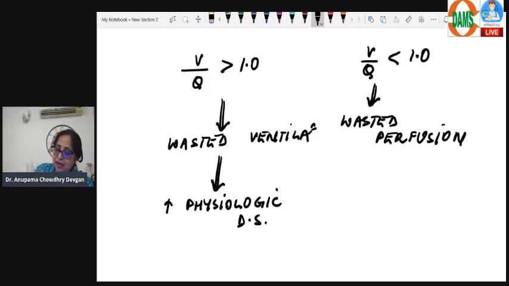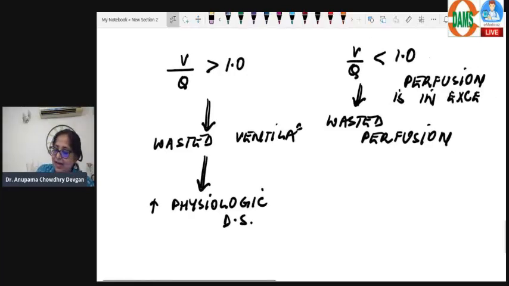In other words, the ventilation is inadequate or not enough to oxygenate the blood, so this blood flow is being wasted.